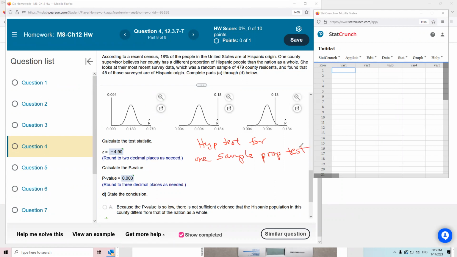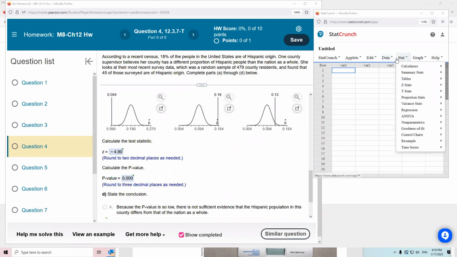If you remember when you were working with confidence intervals back in module 7, you used a command that was Stat, Proportion Stats, One Sample, With Summary. So that's what we're going to do. I'm going to go up to Stat, Proportion Stats, One Sample, With Summary.